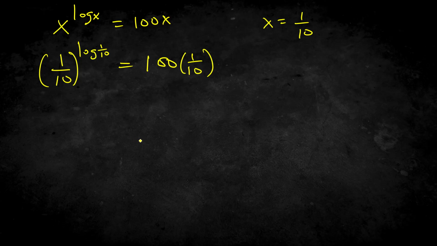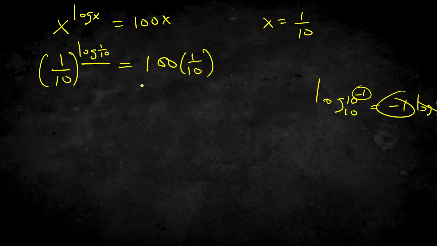Let's look at both sides. Now this one is log 1 over 10 to base 10. So 1 over 10 can be 10 to the power minus 1. Therefore, minus 1 log 10 to base 10. So the answer is minus 1 for the power.